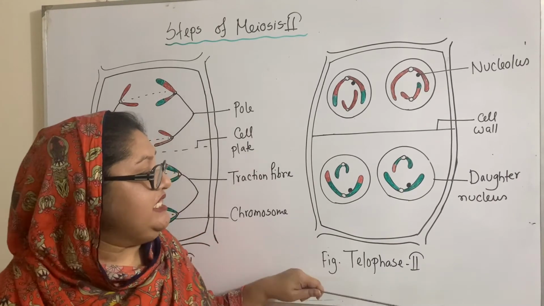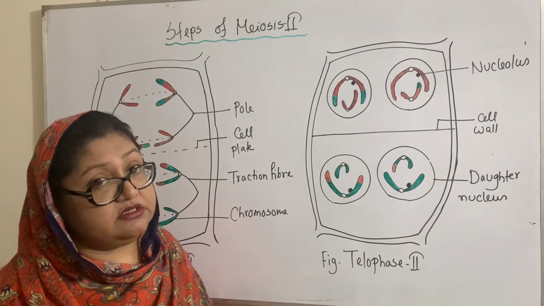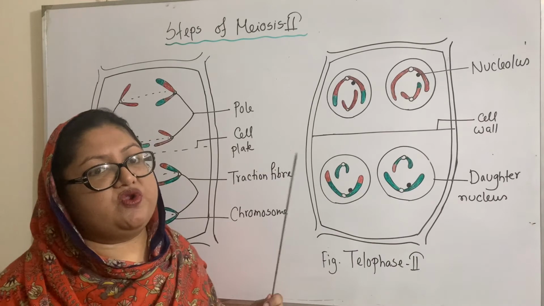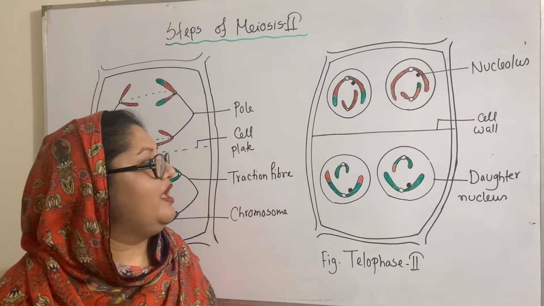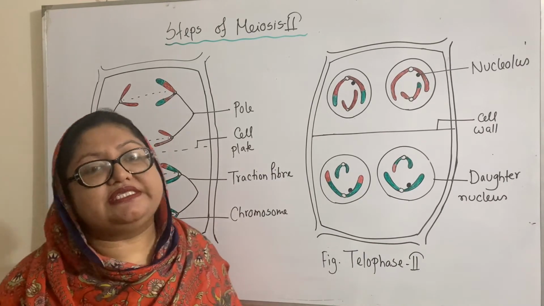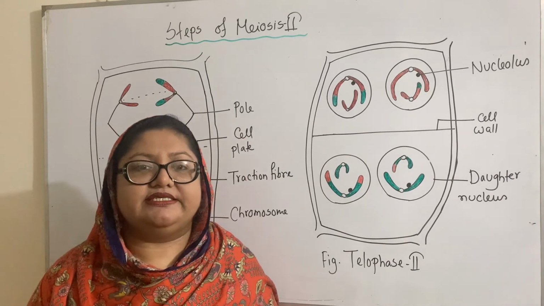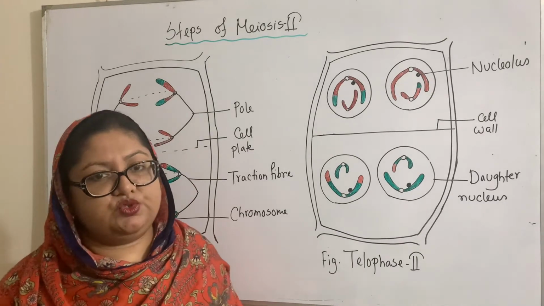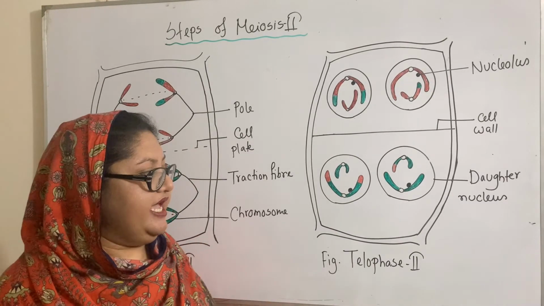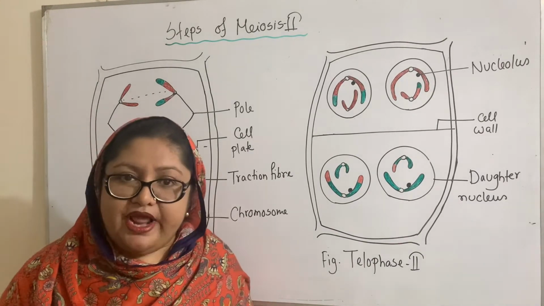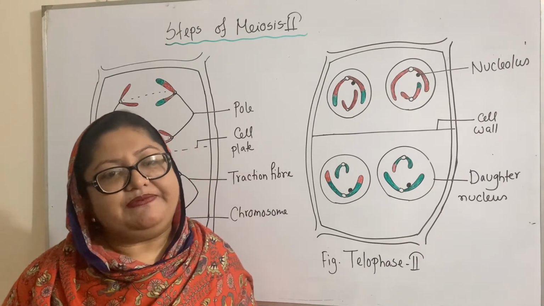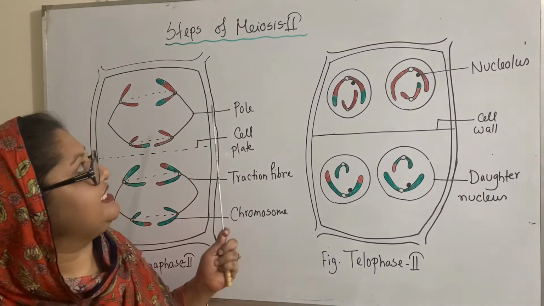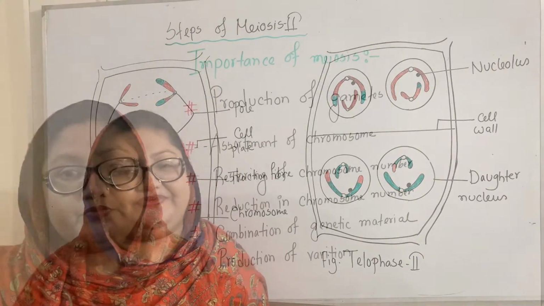They are also dissimilar in their characteristics due to the crossing over that occurs in prophase 1. After this telophase 2, the cytokinesis occurs, and these 2 phases, meiosis 1 and meiosis 2, help in the production of 4 haploid cells from a diploid mother cell. So my dear students, this is all about the steps of meiosis 2 cell division.